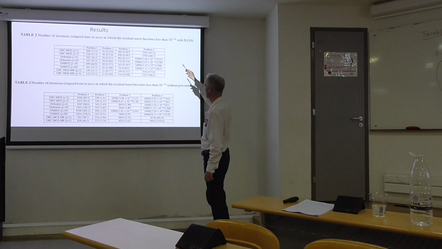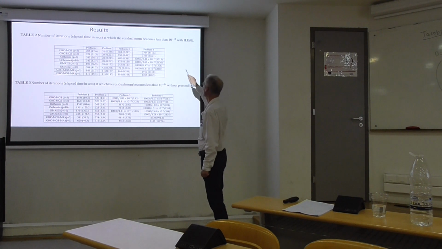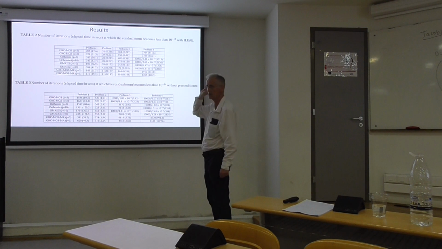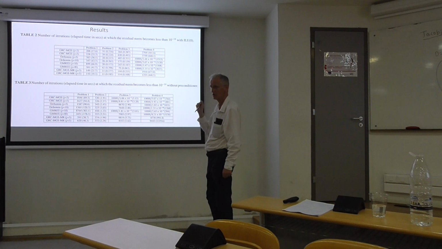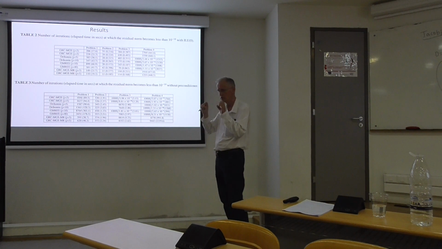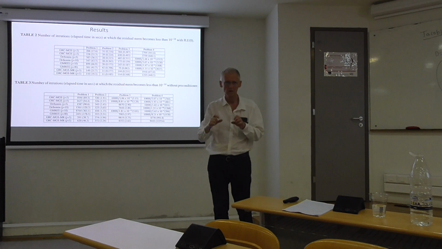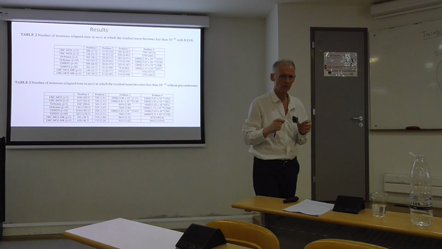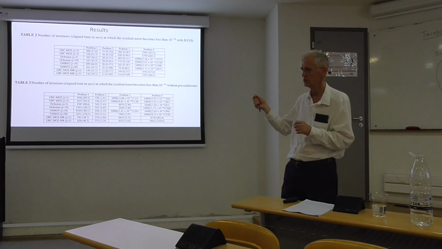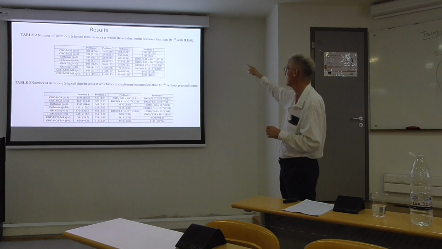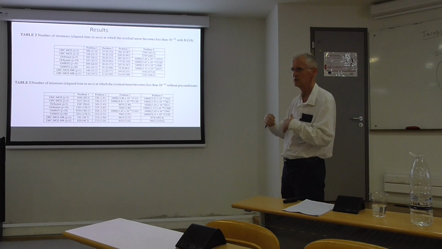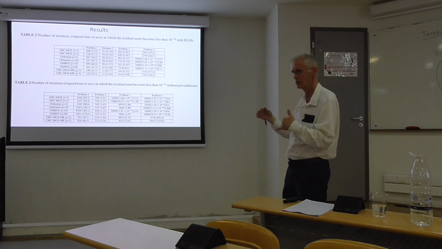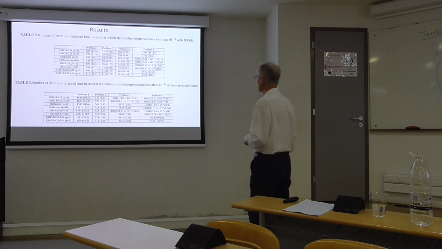The first table, problem 4, is with incomplete preconditioning. Zero means that we keep the same sparsity structure as the matrix. If you put 1, 2, or 3 inside, it means that you increase the number of non-zeros in the preconditioning.